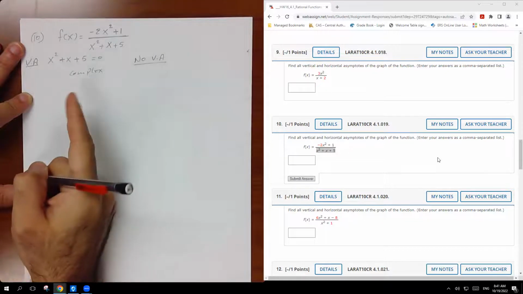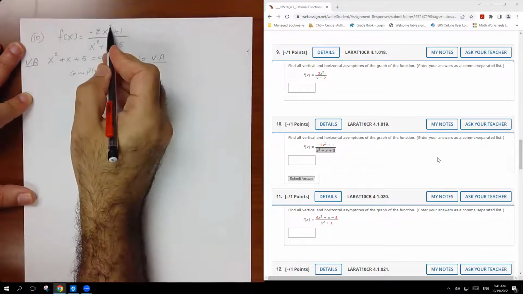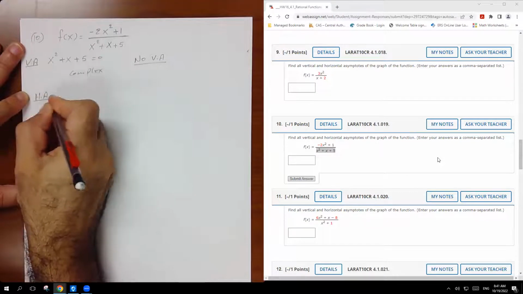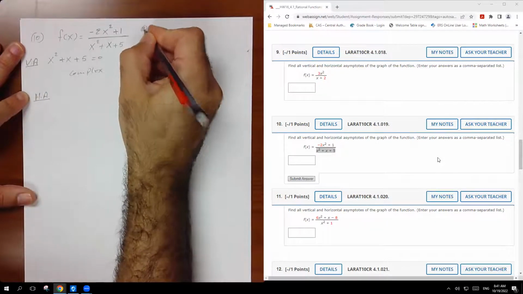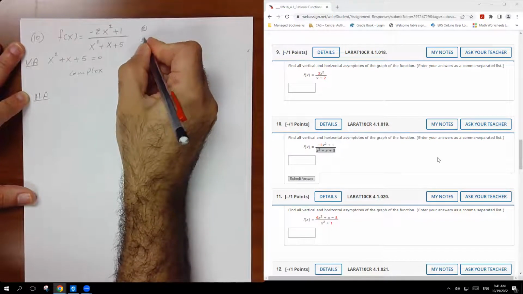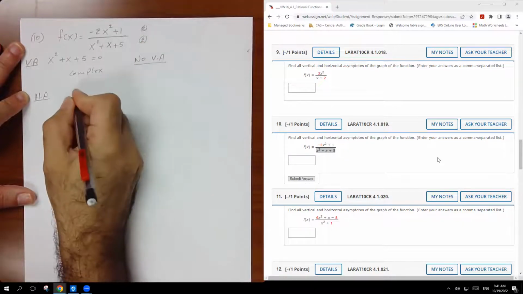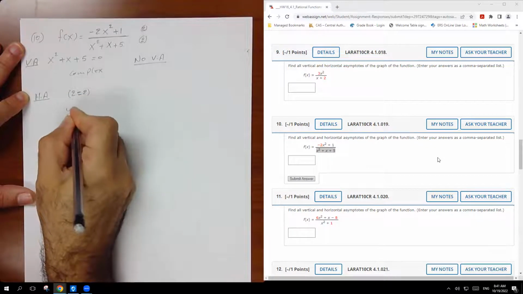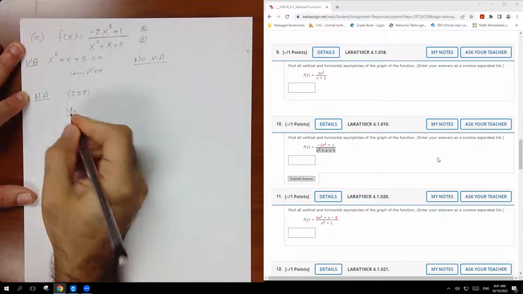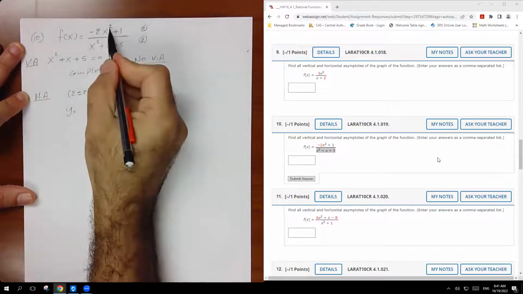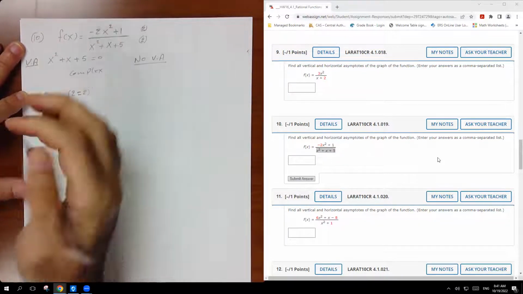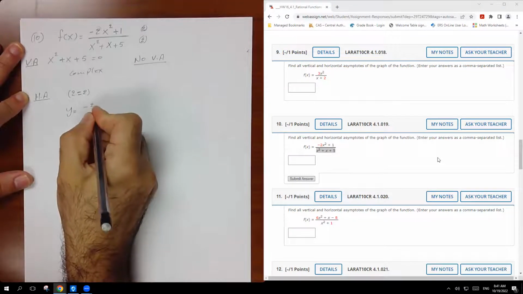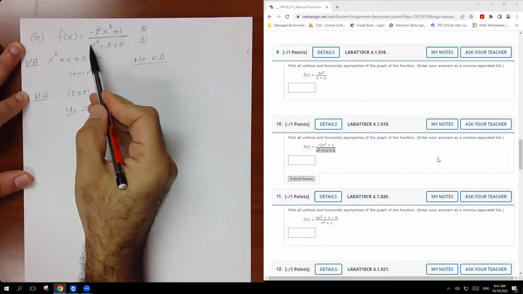To find the horizontal asymptote, the exponent here on the top is 2, and the exponent on the bottom is 2, so these are equal. 2 equals 2. So y is going to be equal to the leading coefficient on the top, which is -2, over the leading coefficient on the bottom, which is 1.